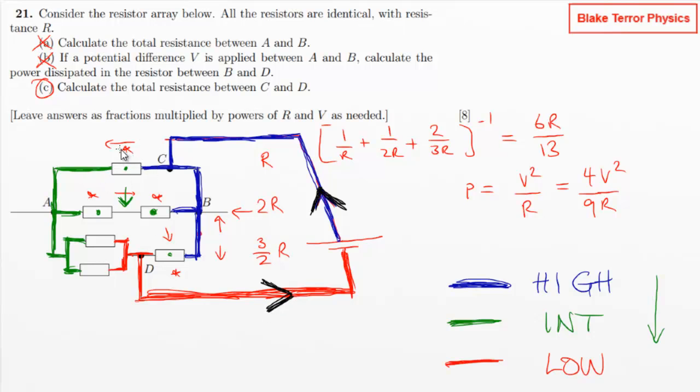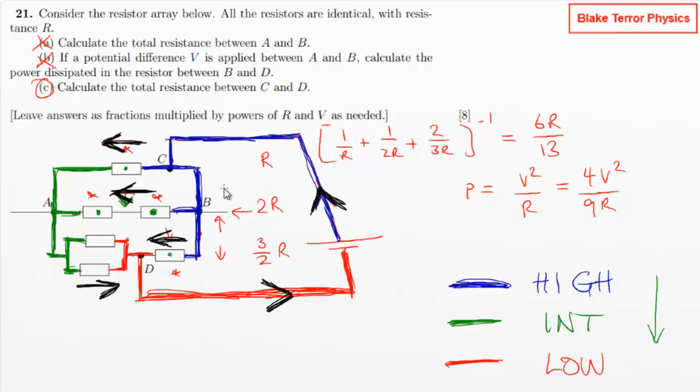Current has got to be going that way from blue to green there, that way from blue to green there, that way from blue to red, and here this way from green to red. So we can see what direction the current can be moving in.